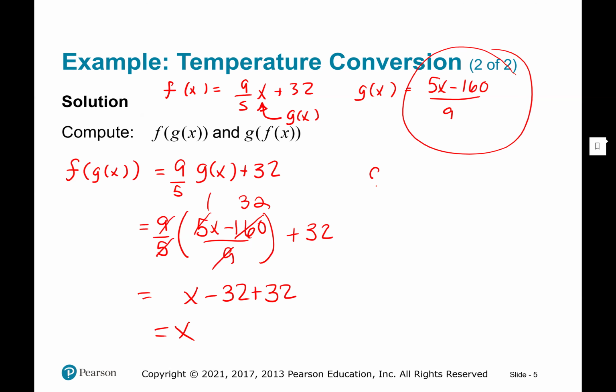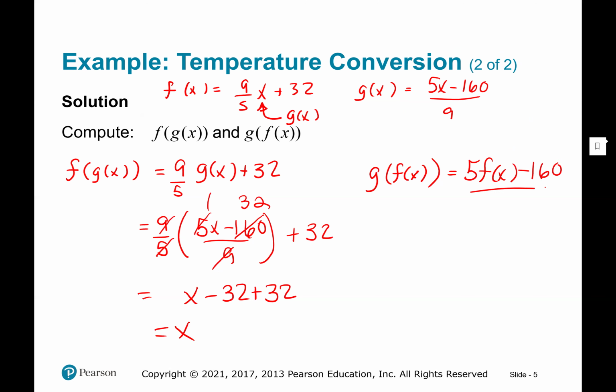Okay, let's evaluate g at f of x. So in my function g, where there's an x, I'm going to put an f of x. So is that going to be (5 f of x minus 160) over 9? So where there's an x, I replace that with f of x. So we get 5 times, what's f of x? Is it 9/5 x plus 32? Minus 160, all over 9.